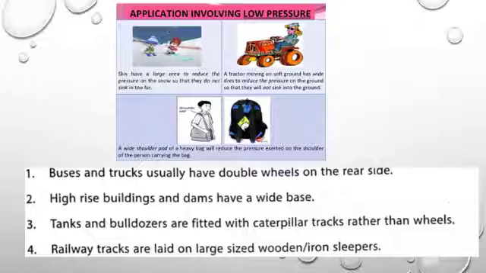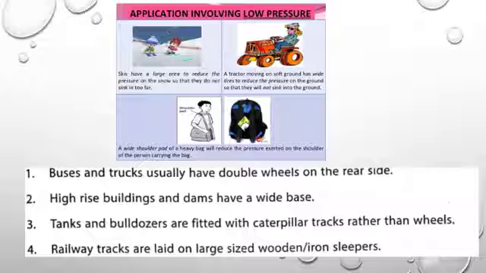Railway tracks are laid on large size wooden or iron sleepers. Why? Because railway tracks are made of iron and are very narrow, and when a train moves on them, they can sink into the mud. These large sleepers prevent the iron tracks from sinking into the mud.